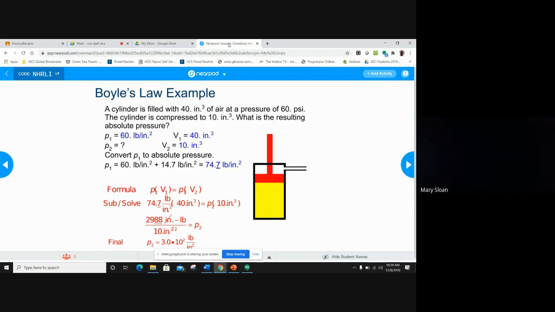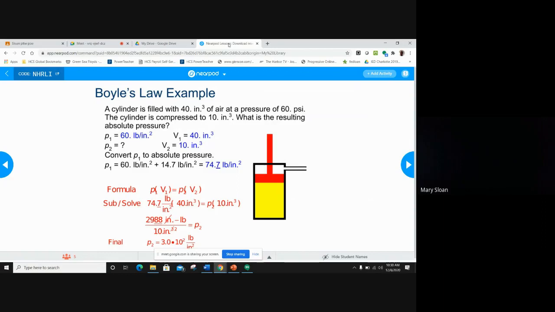We're talking about pressure. So since we're talking about pressure, what did our notes say we have to do with our pressure? Yes. That was the science way, but now this is an engineering way.